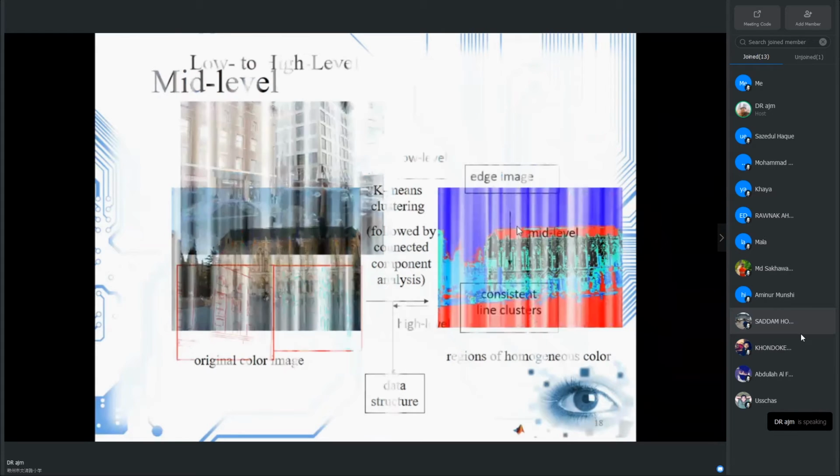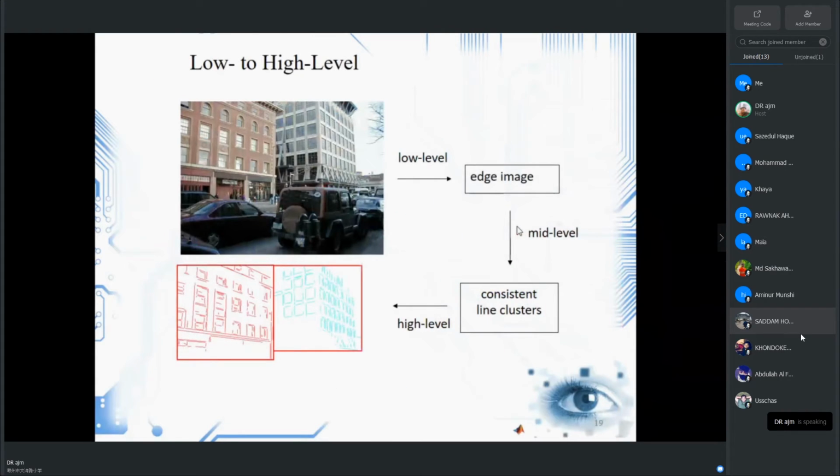From low to high level, we can do something like this: we have the image and then find the edges of the image. In the mid level, we can make some clusters. And then in the high level, you can just extract the building. If your target is the first building or second building, you can specify this target.